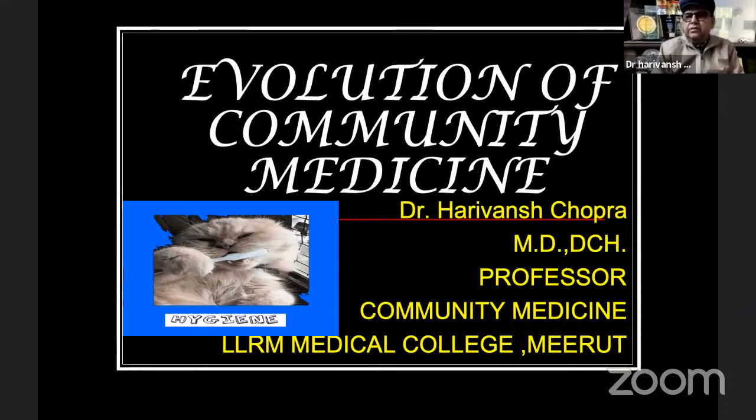I think that is not given in any book yet, but it might come later on, or maybe the IAPSM book may have it. So let us move forward and try to understand how our subject has evolved.